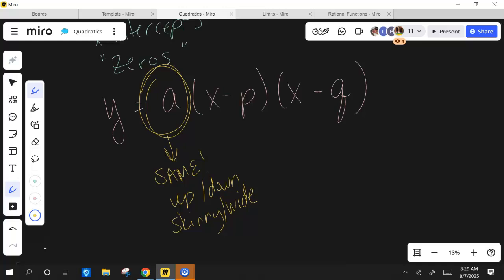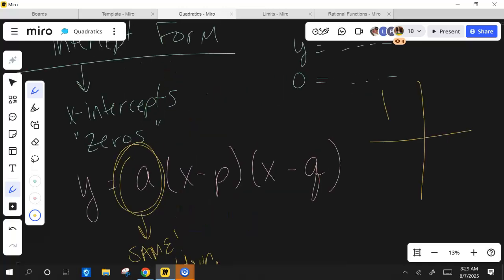If vertex form gives me the vertex, what do you think intercept form gives me? The intercepts. How many x-intercepts does a quadratic have? 2. Can it have a different number of intercepts, or does it have to have 2? 1, 2.